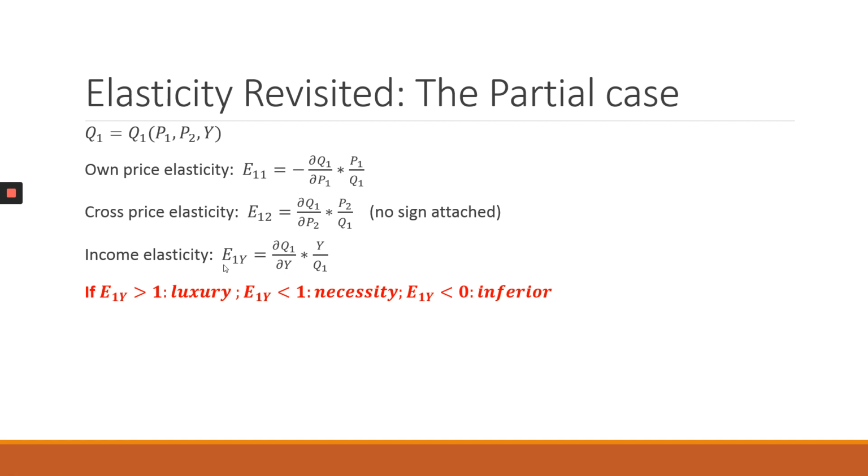We know that if elasticity is greater than 1, then it's a luxury good. If elasticity is less than 1, it's a necessity. Then if your elasticity is less than 0, then we are looking at an inferior good. All right. For a necessity, it has to be less than 1 but greater than 0.